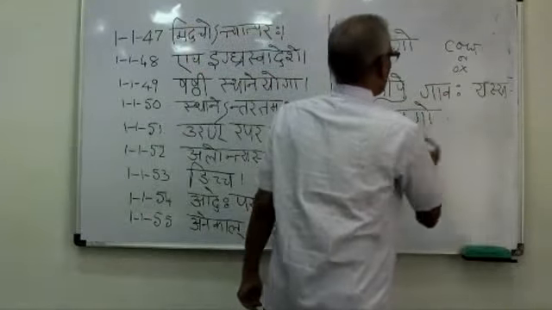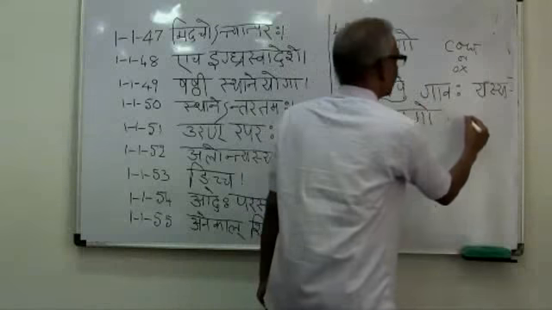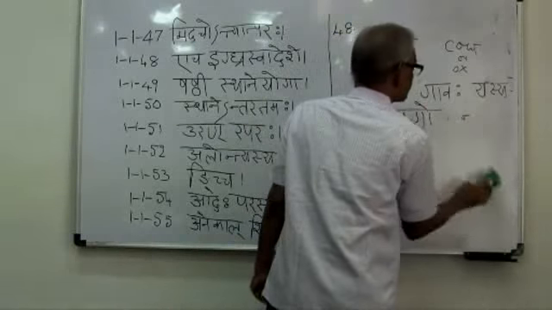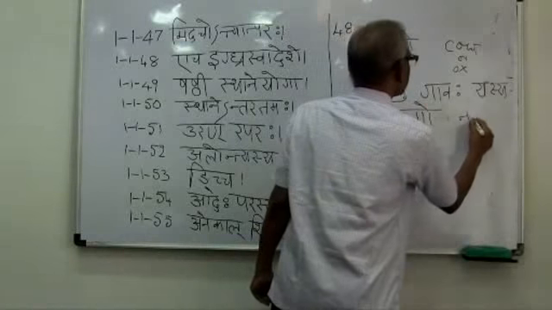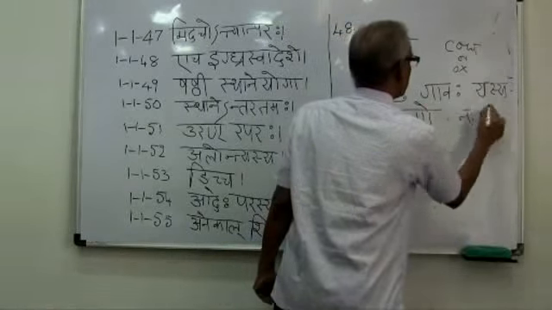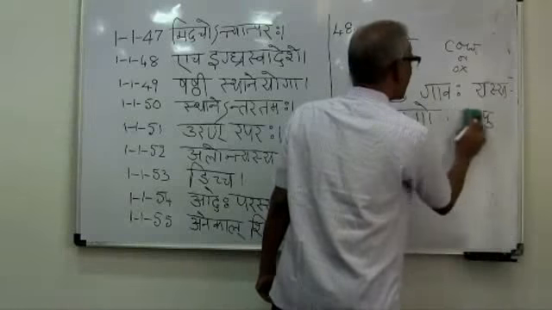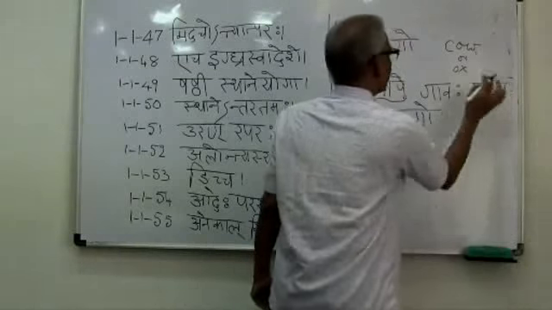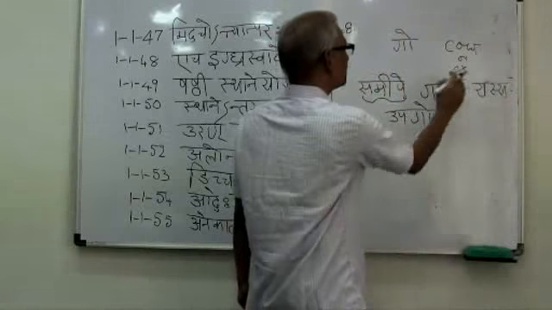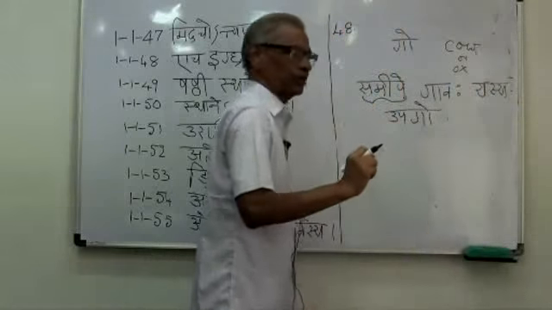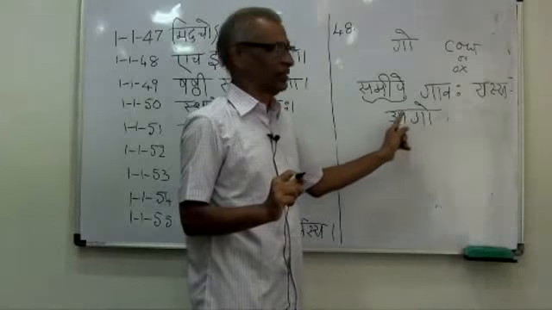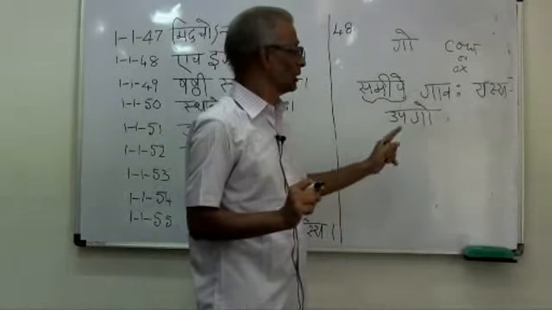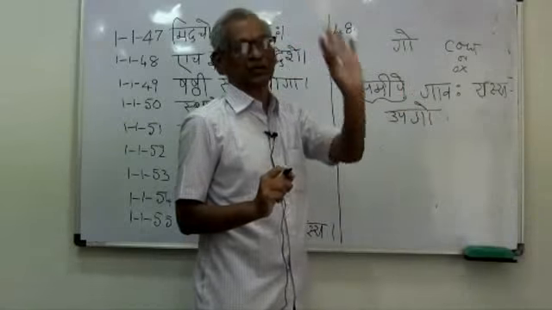Upa go iti samasa. Here also, napumsakalinga we will not take, because this is in pullinga. So here in bahuvrihi samasa, there is a rule where go shabda is there at the end of this samasa, that will be turned into hrasva.